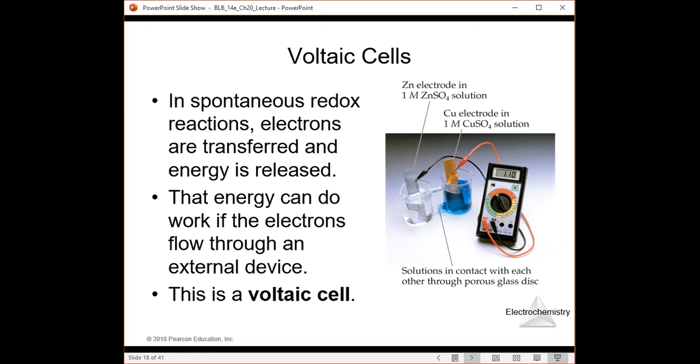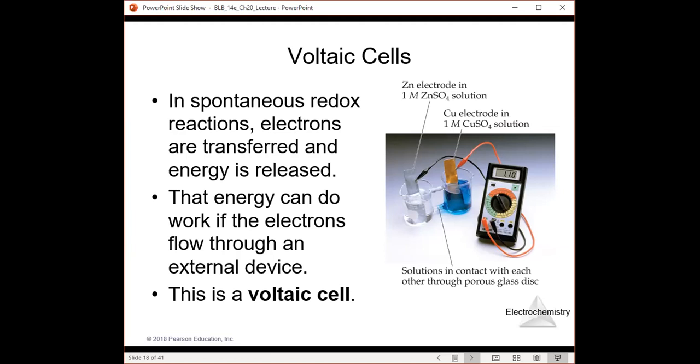Now, how the voltaic cell is set up, and like I said, the reason why I love this particular chapter is because one of the things that I studied in my research was lithium ion batteries. The basic thing that I had to learn first was really understanding the basis of a voltaic cell.